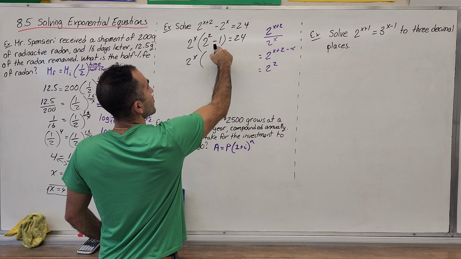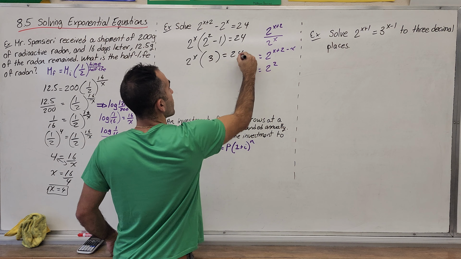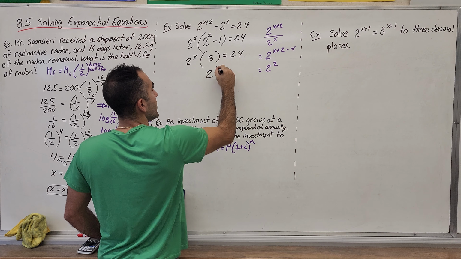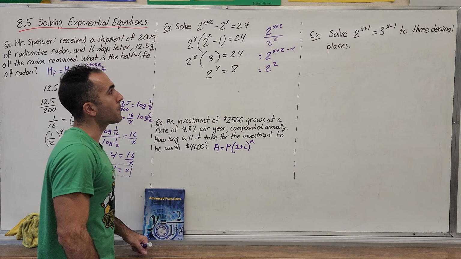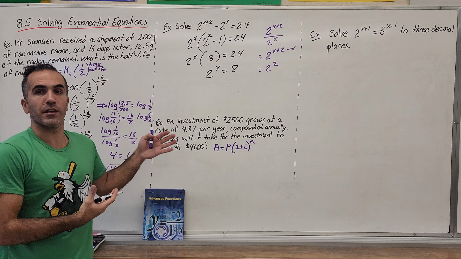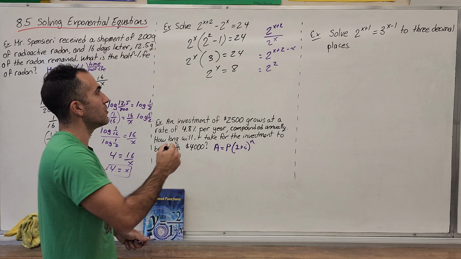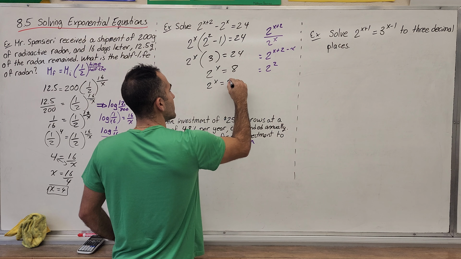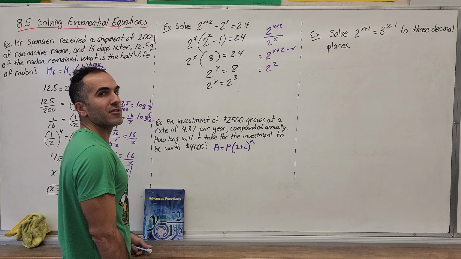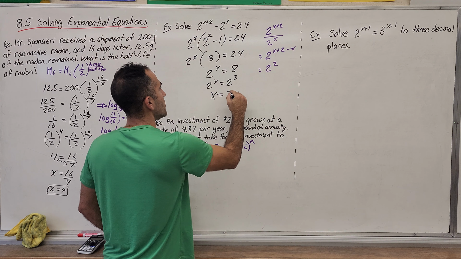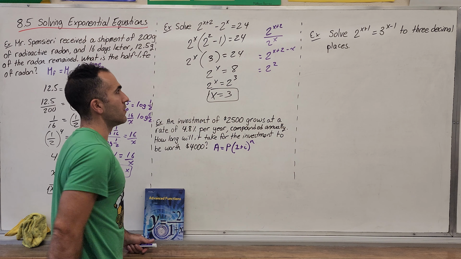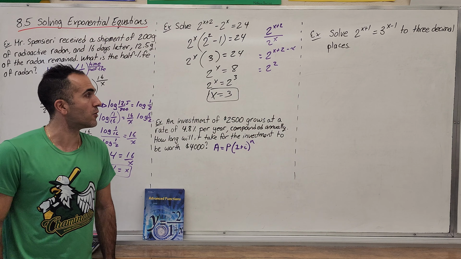This is a 4 minus 1, that's a 3, and that's a 24. I can get rid of that 3, 2 to the x is 8. Now I can do that same thing, I can find the log of both sides, but I know that 8 can be turned into a base 2. So I know 2 to the x is 2 to the 3. I'm turning that 8 into a 2 to the 3. Therefore, x equals 3. And not too much damage there. I got out pretty easily.